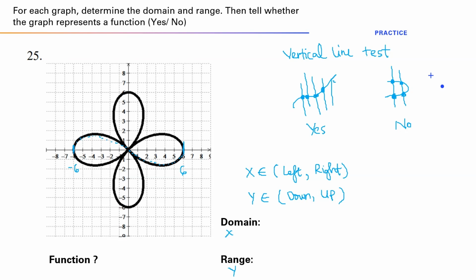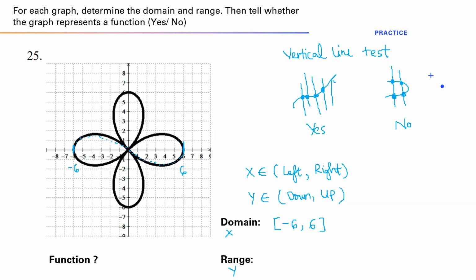At that point you see the solid line or drawing, so it means it includes that part. When it includes, we use the bracket. So we say -6, comma, that's the most left, and then 6 for the most right.